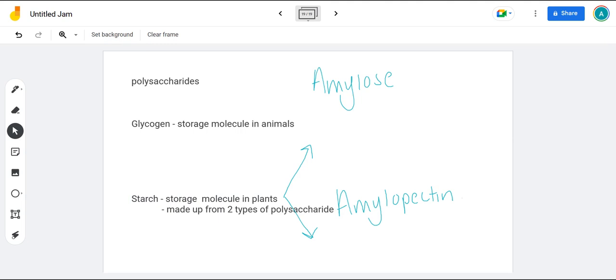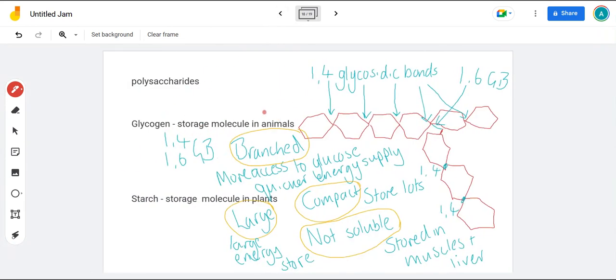So the amylose, in the simplest form, simplest drawing, looks like this. And amylopectin is like this with branches. If we're going to draw that kind of simple diagram for glycogen, we would draw it as a straight line with branches.